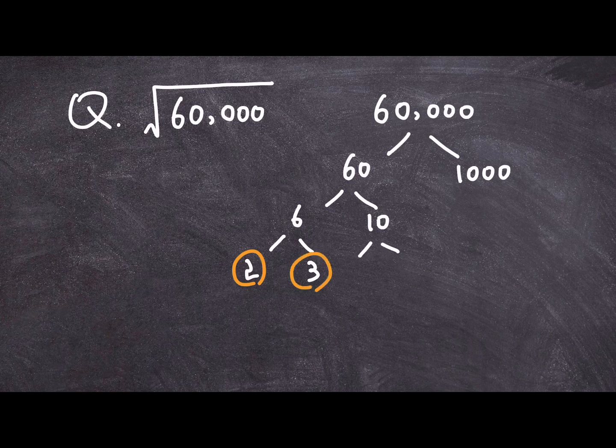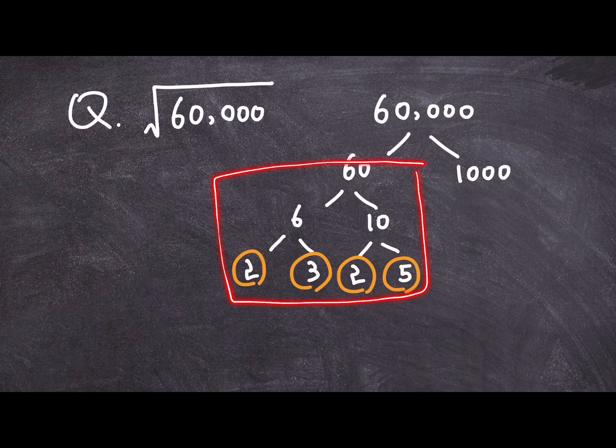Meanwhile, 10 is equal to 2 times 5, and both 2 and 5 are prime numbers, so I'm going to circle them both as well. Now, this side of the tree is done because its extremities are all composed of prime numbers, so they cannot be further broken down.